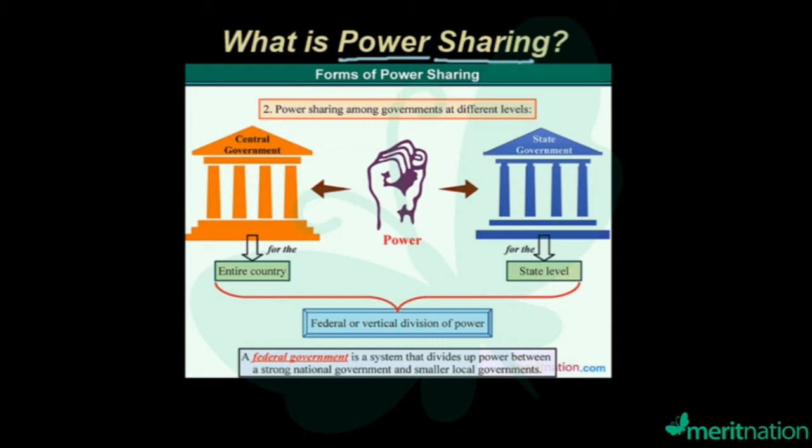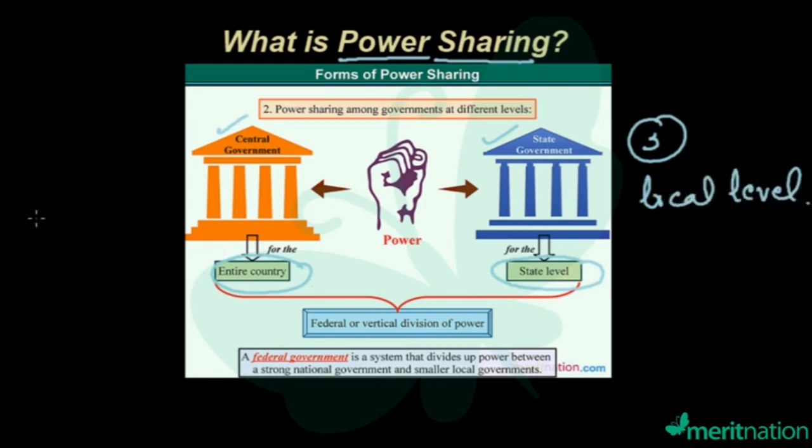If we compare that model with the situation in India, the government is also divided hierarchically. There is the central government, which is responsible for the entire country. Then we have the state government, which is responsible at the state level. And thirdly, we have the government at the local level, right?